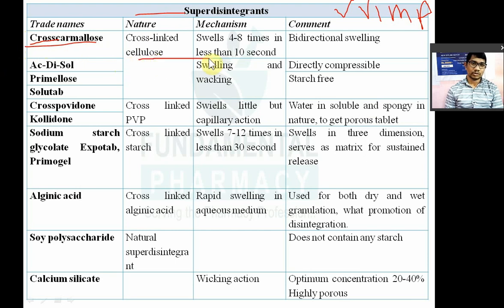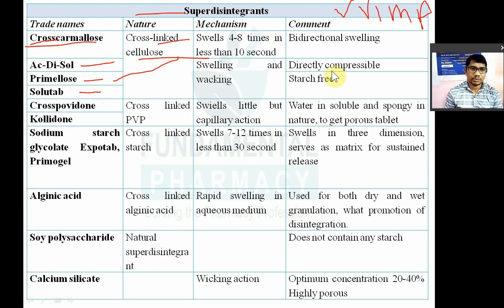So it is a cross-linked cellulose derivative. उसके ही डेरिवेटिव हैं और भी: Ac-Di-Sol, Primellose, Solutab. Croscarmellose sodium, Ac-Di-Sol, Primellose, Solutab सब क्रॉस लिंक्ड सेलुलोज डेरिवेटिव हैं. और मैकेनिज्म क्या है? How it will disintegrate a tablet.